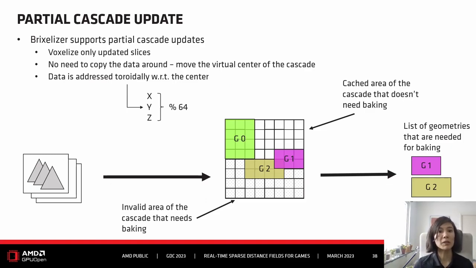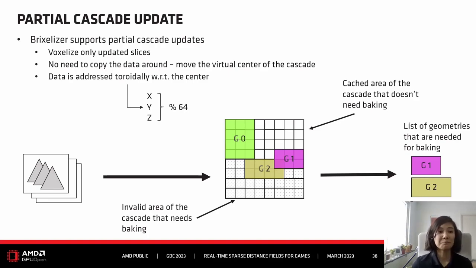And now about the cascade updates and how to call them. As I already said, an update is per one cascade. And actually you can even only do a partial cascade update. So for example, if your camera moves, a part of the cascade might still be valid, but another part of the cascade needs to be updated because it represents a region that we haven't processed before.